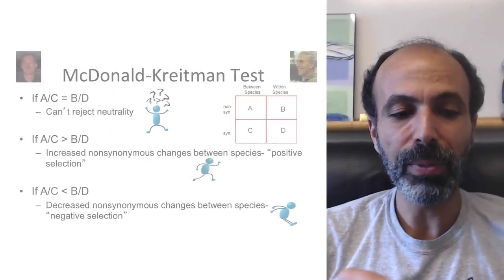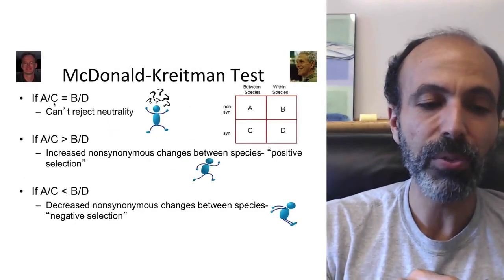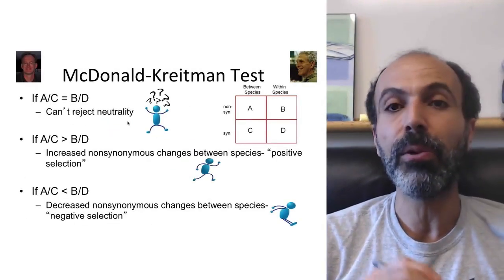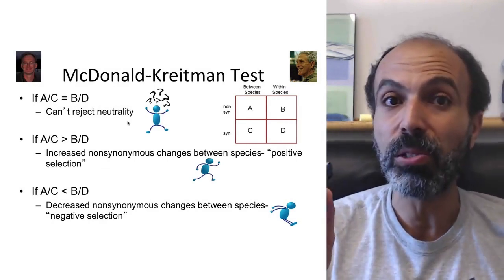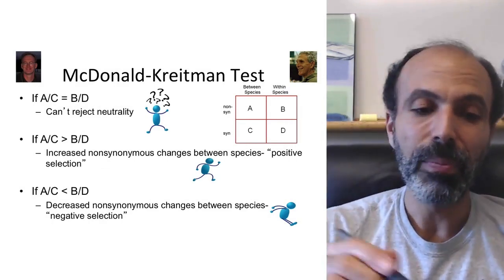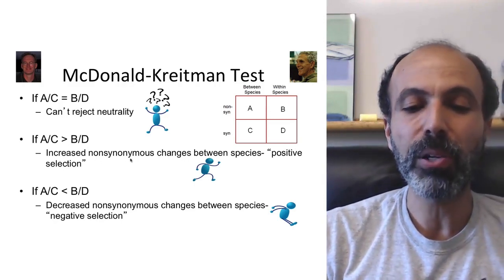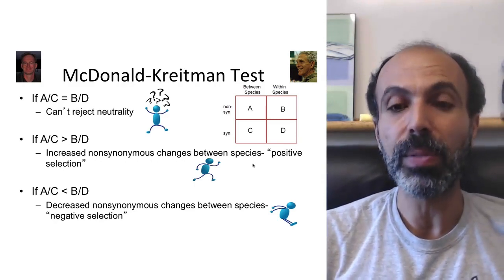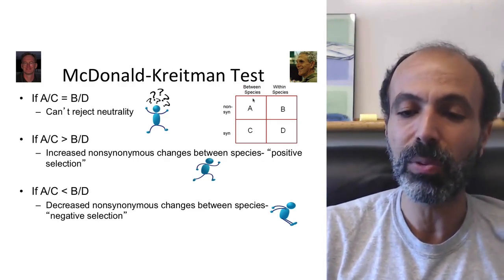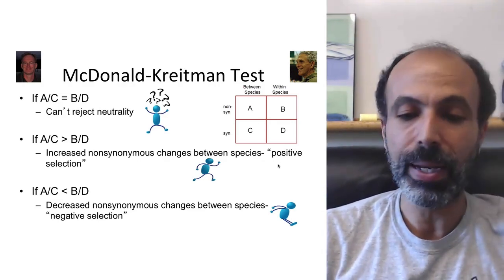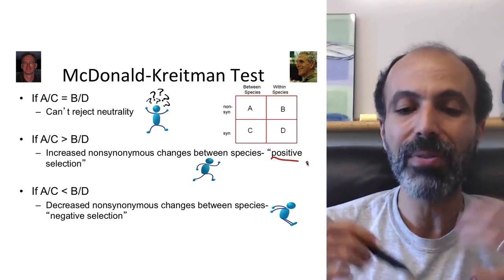So, looking at the McDonald-Kreitman test, if we have A over C equals B over D, that's a case where you can't reject neutrality. Again, it doesn't mean it's neutral. It can be a mix, but you can't reject it. If A over C is greater than B over D, then we have more non-synonymous changes than we expected between species relative to within, and that is indicative of positive selection or advantageous variation.